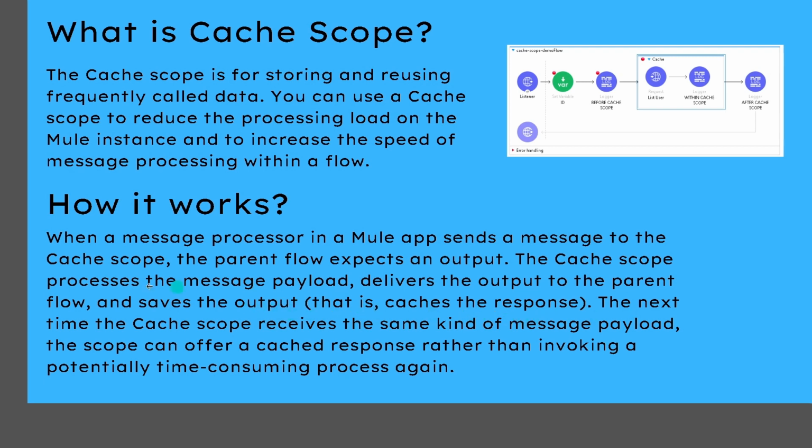The next time the cache scope receives the same kind of message payload, it will pick that data from the cache memory and send it to the user without hitting that server again and again, without doing that time consuming process again and again. So that's how it works, guys. Let's move on to the next topic.